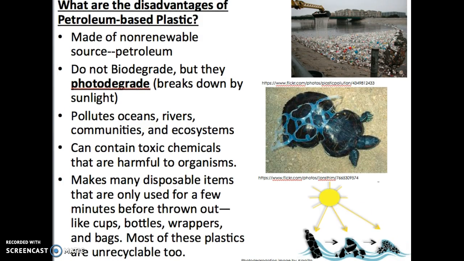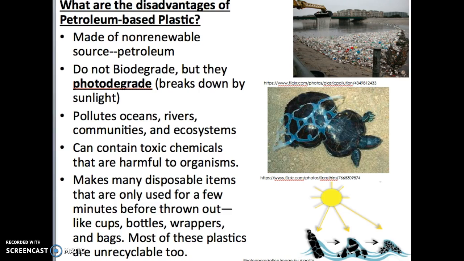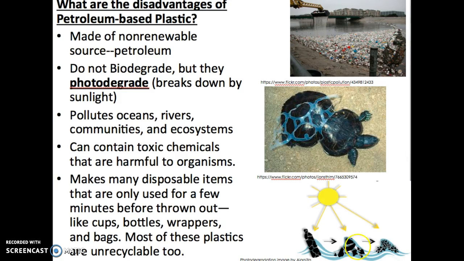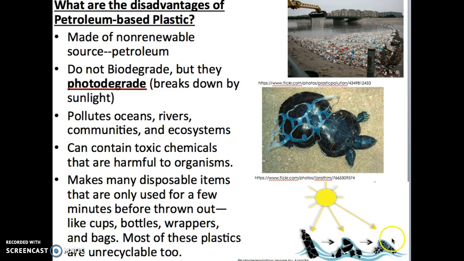As you can see, the sunlight is breaking down the plastics in the ocean into smaller bits, and they form small bits that look like food, and when ocean animals ingest them, it could cause a lot of problems for them, and it does move up the food chain. So it does pollute oceans, rivers, communities, and ecosystems.